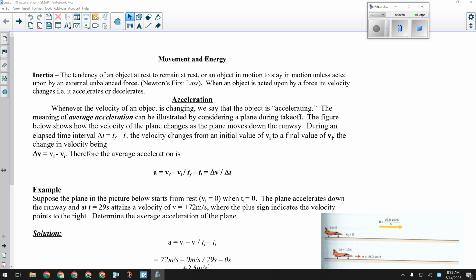Newton's first law says that an object at rest will remain at rest, and an object in motion will remain in motion at a constant velocity unless acted upon by an external unbalanced force. So in order for something to accelerate, according to Newton's first law, there has to be a force acting on it, a push or a pull that isn't balanced by anything else. Otherwise, nothing will happen, or nothing will change, I should say.